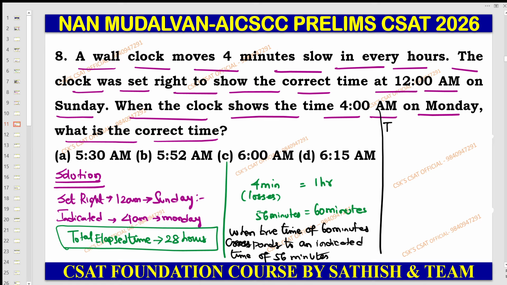Simple one. What is the ratio of time of true by time of indicated? 60 true means your indicated is 56, so 15 by 14, that's it.